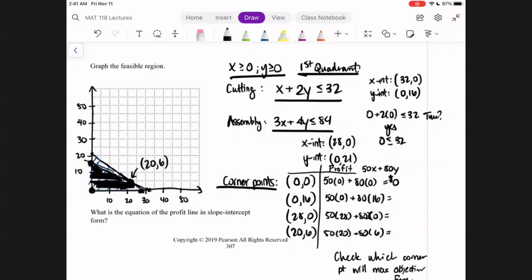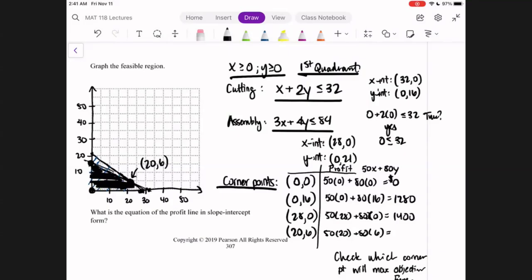So we get the first one. If you just make 16 of the expedition, you get 1280. If you make 28 of the standard, and then none of the expedition, you get 1400. Right?